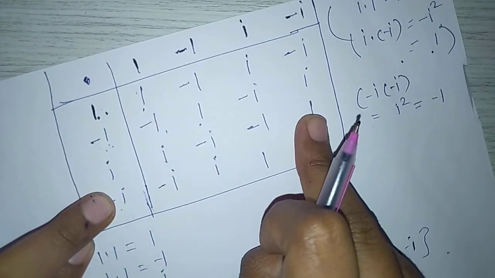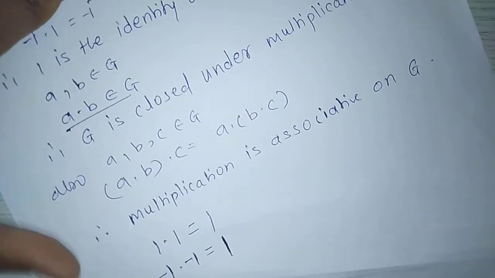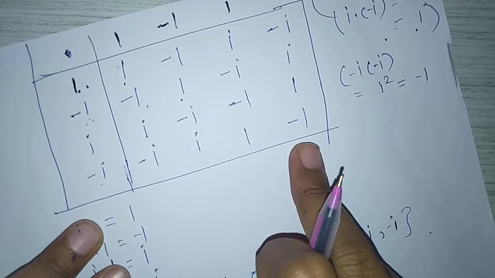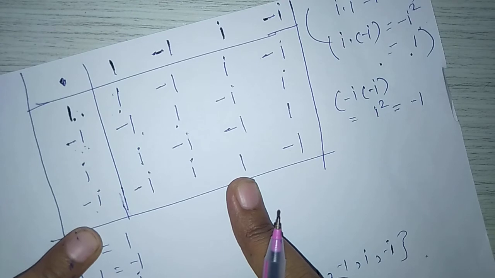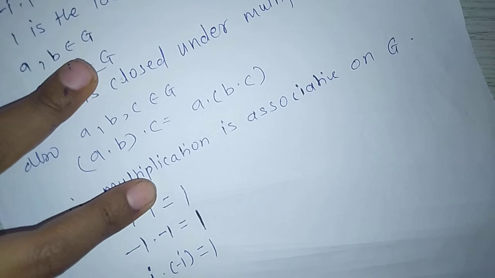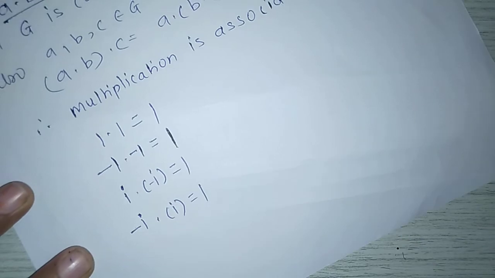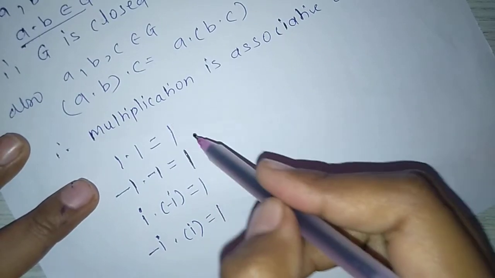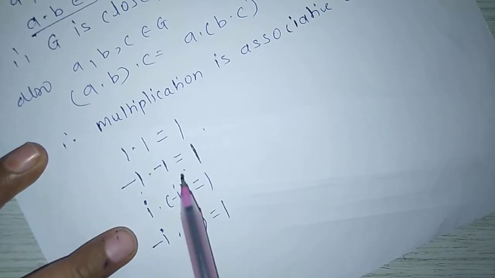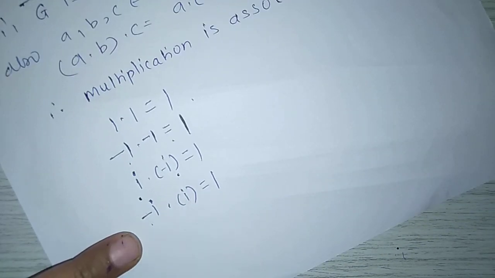In the third row, 1 is here, it is the multiplication of i into minus i equals 1. In the fourth row, 1 is here, and it is the multiplication of minus i into i equals 1. Therefore the inverse of 1 is 1, the inverse of minus 1 is minus 1, the inverse of i is minus i, the inverse of minus i is i.